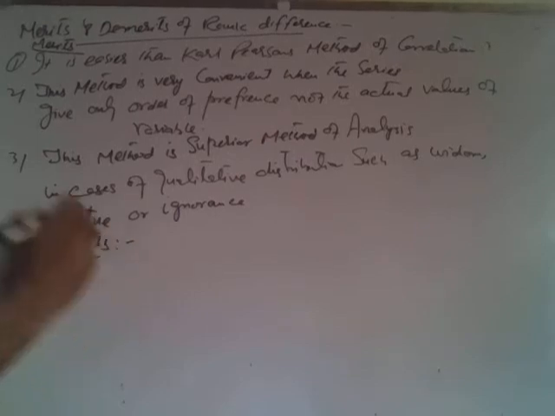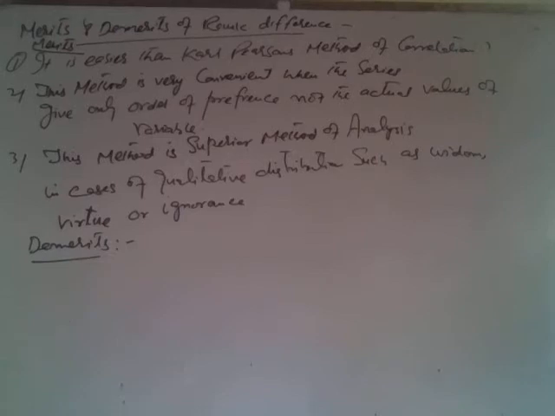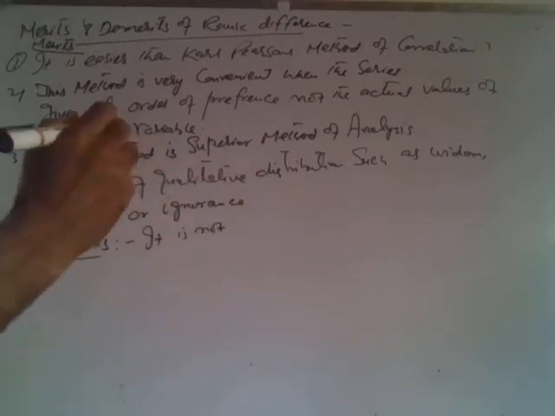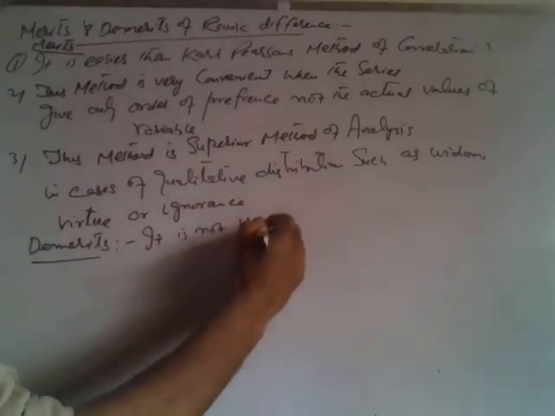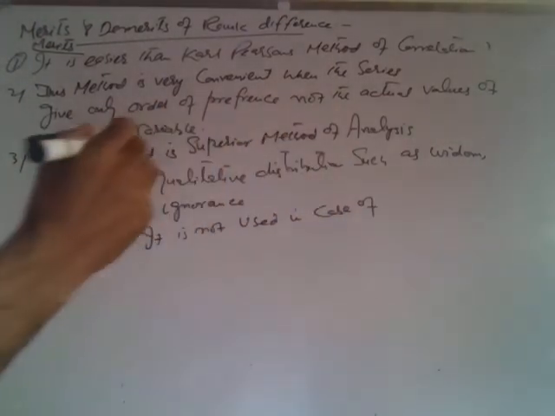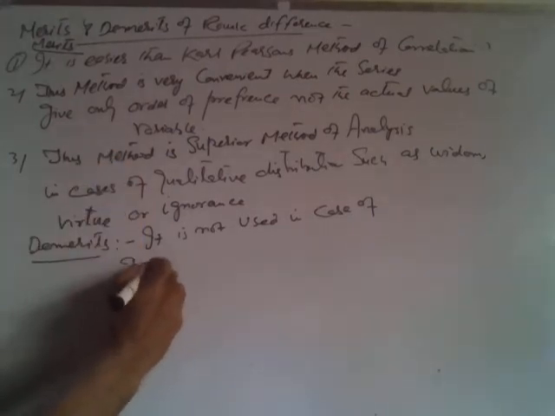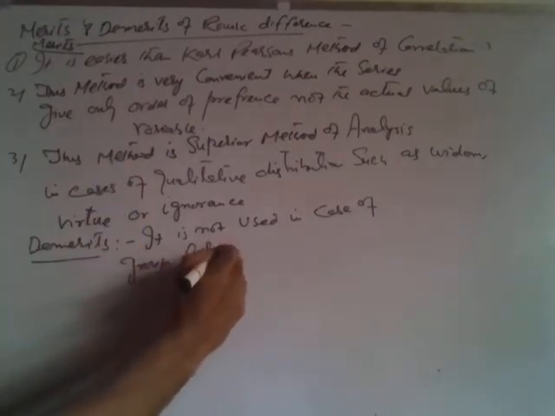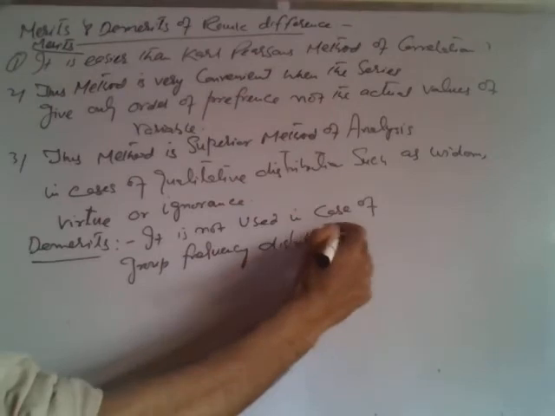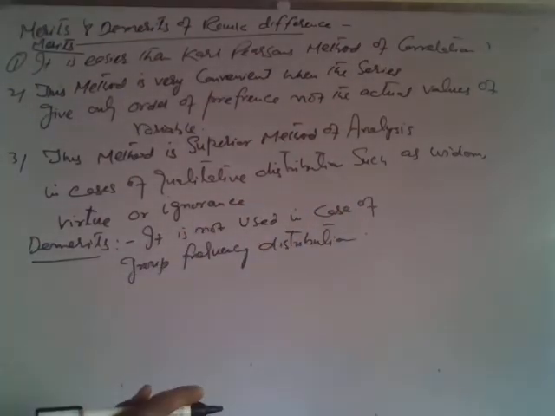Demerits क्या है इस मेथड की? Rank correlation method cannot be used in case of group frequency distribution. ये ओवरऑल डिस्ट्रीब्यूशन जो कोरिलेशन है in both the methods, this demerit we face.